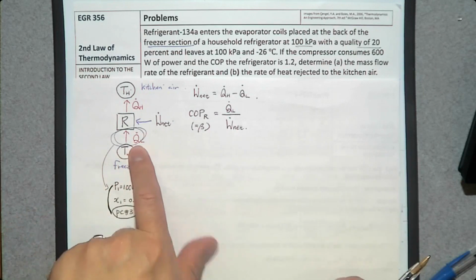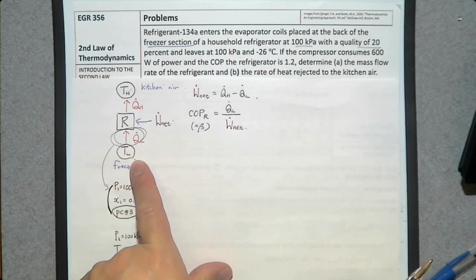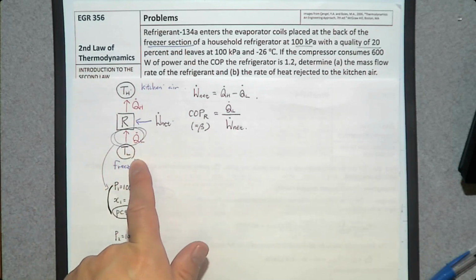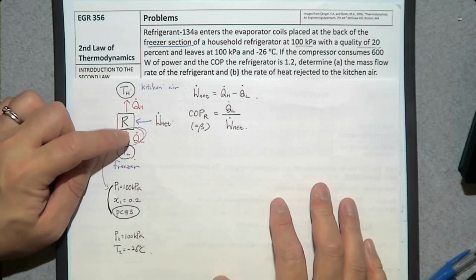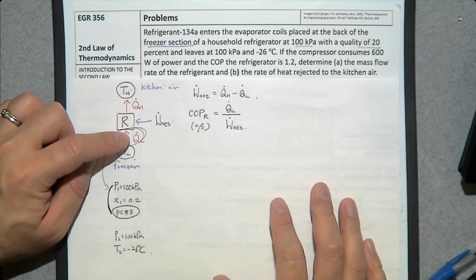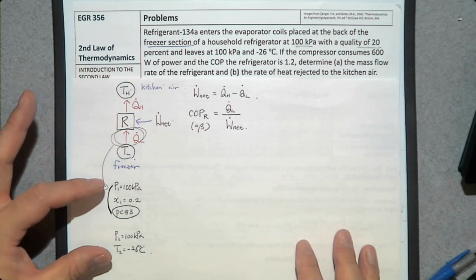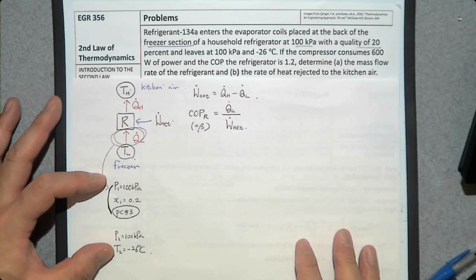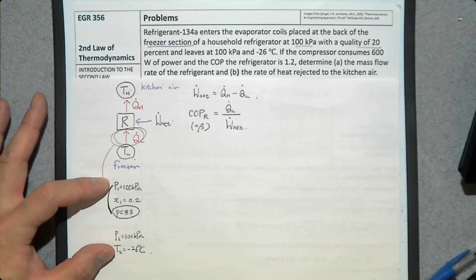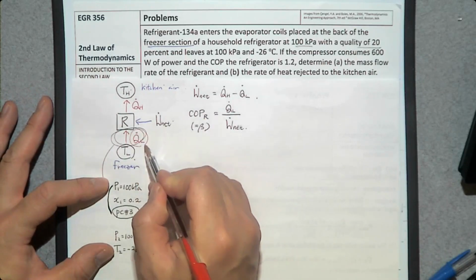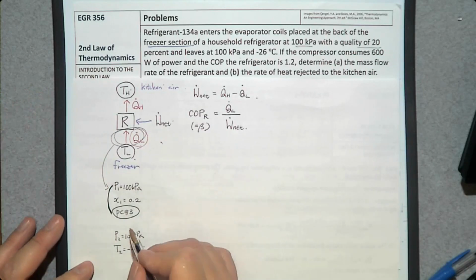So heat is removed from this refrigerated space. Then where this heat goes into, this heat is going to be absorbed by the refrigerant in the evaporator. So this Q dot L is going to be heat transfer into this refrigerant.